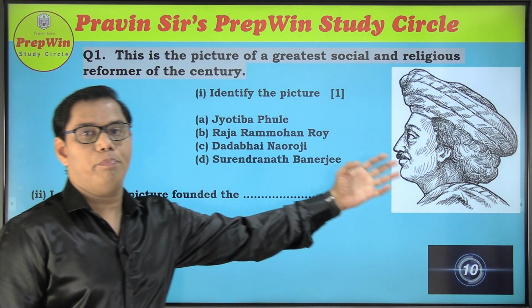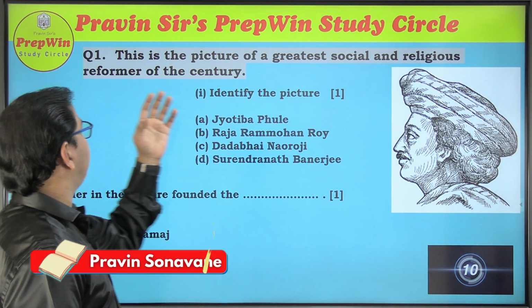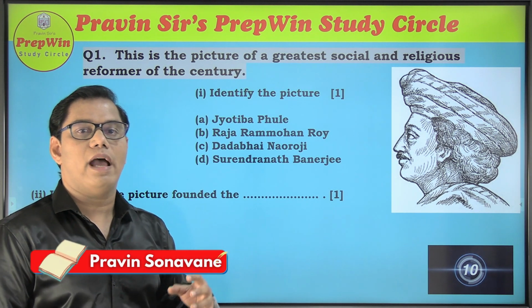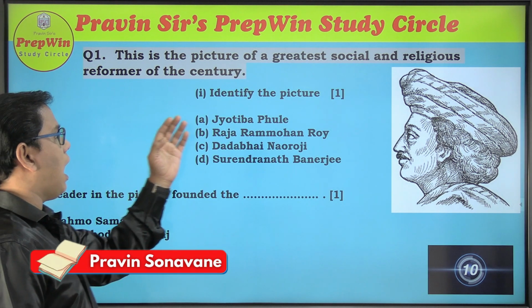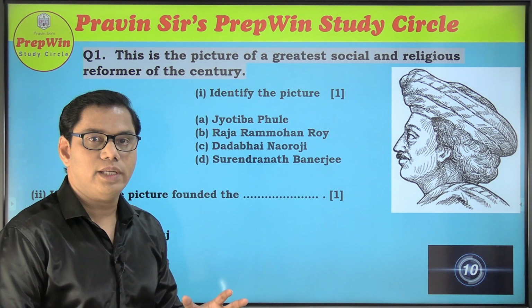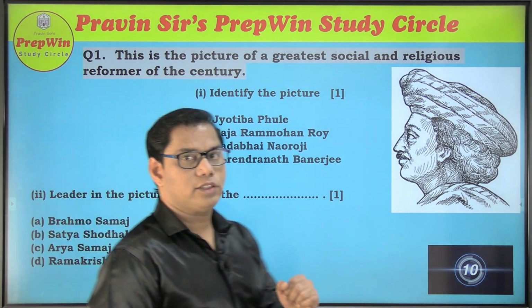So here you have a picture of a greatest social and religious reformer of the century. I am sure most of you might have already recognized whose picture this is. Question number 1. Identify the picture, and these are your 4 options. Have you selected your option? If yes, then let's move on to the next question.